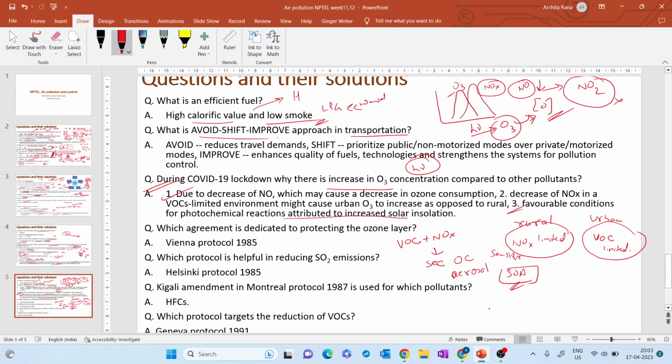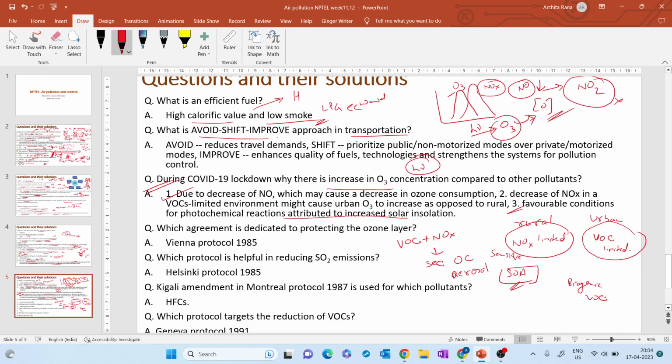There is a tiny bit of anthropogenic VOC, meaning man-made VOCs, which are always there in every location. The thing is, in rural locations the biogenic or plant-based VOCs are too much. The more agriculture, the more plants, the more biogenic VOCs. And the NOx concentration is less in the villages.